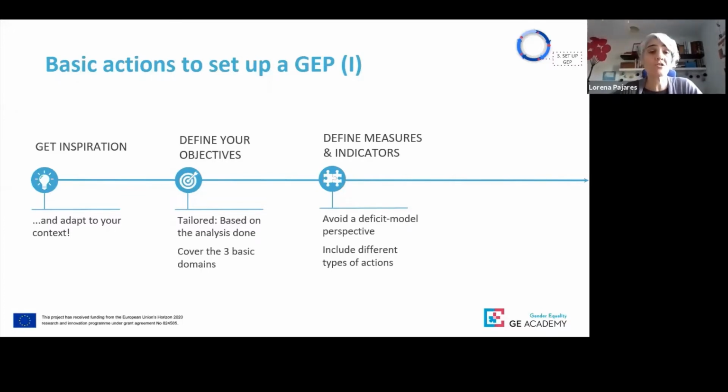Sometimes we can have measures that can tackle a couple of objectives. And then we need to formulate specific targets and target groups, and all the measures should be subject to monitoring. So we need to develop clear indicators for each measure, okay, for each one.